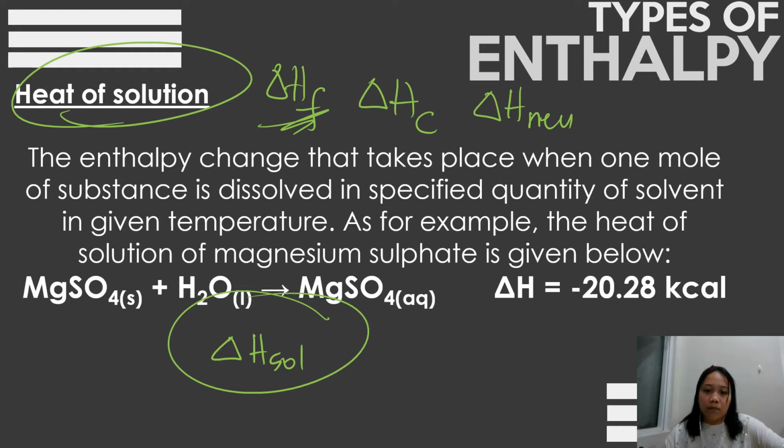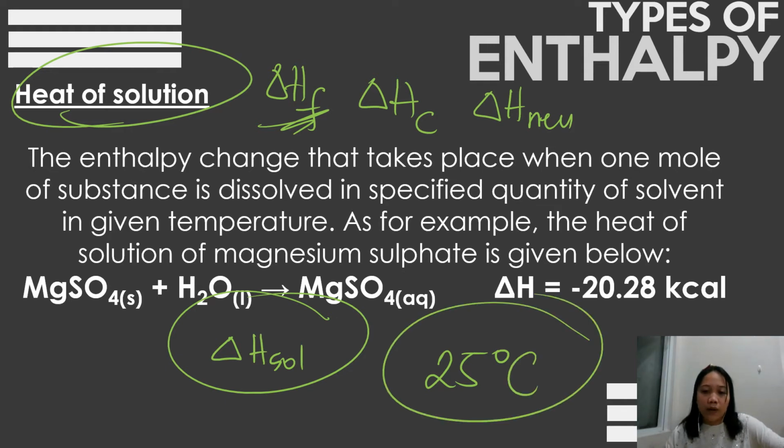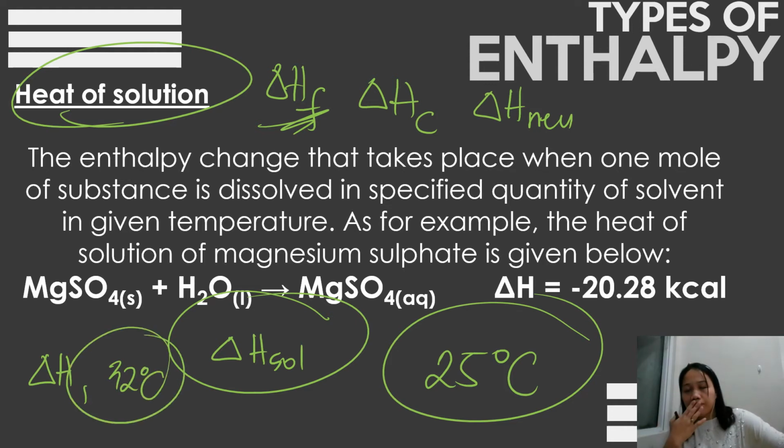And please do remember that this is strictly at 25 degrees Celsius or 298 Kelvin. So, if the problem is asking you the change of H given at 32 degrees Celsius room temperature, that means you cannot use the TOV that I gave you because the TOV that I gave you is just standardized.